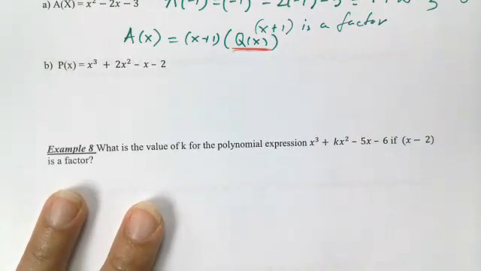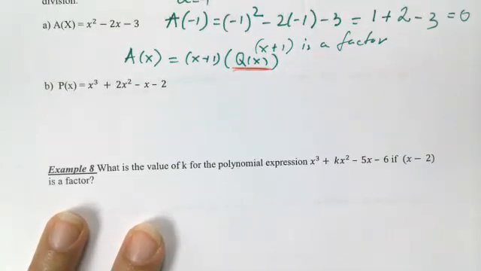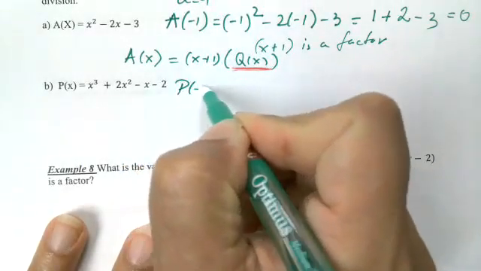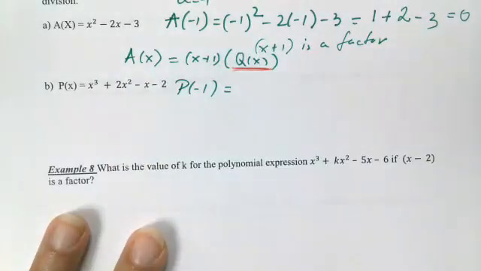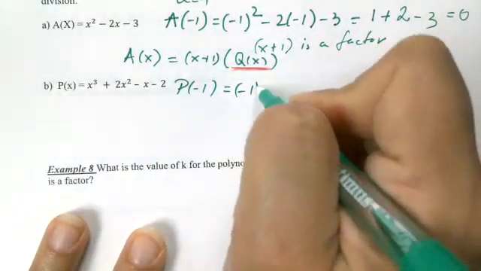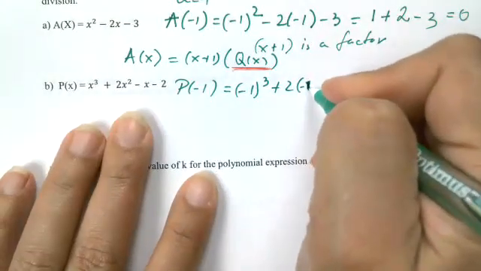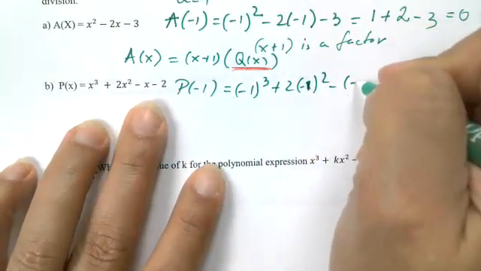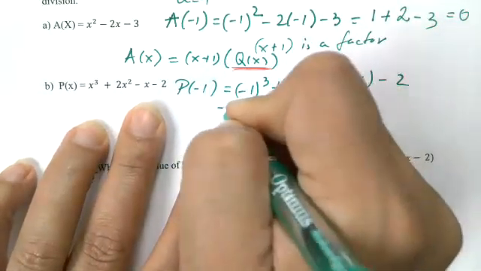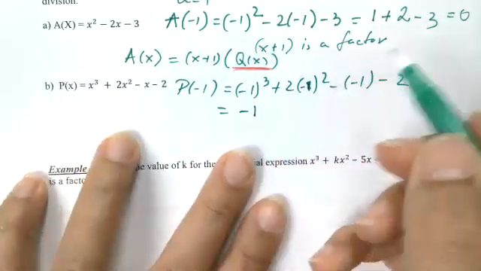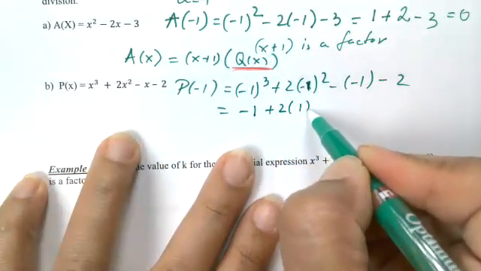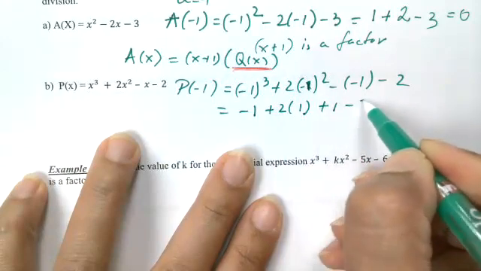P of x is x cubed plus 2x squared minus x minus 2. We want to see if the binomial x plus 1 is a factor. What do we do? We just check the negative 1, right? So we have negative 1 cubed plus 2 times negative 1 squared minus negative 1 minus 2. Negative 1 plus 2 times 1 plus 1 minus 2.